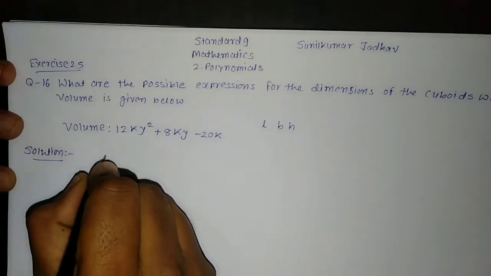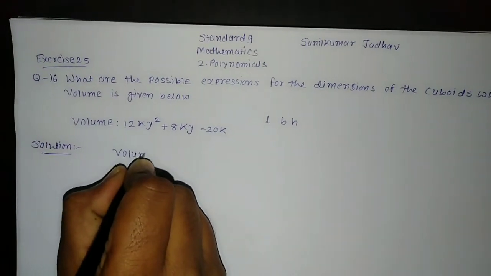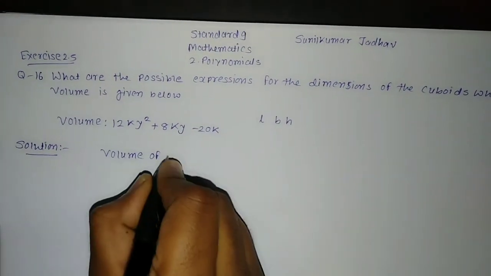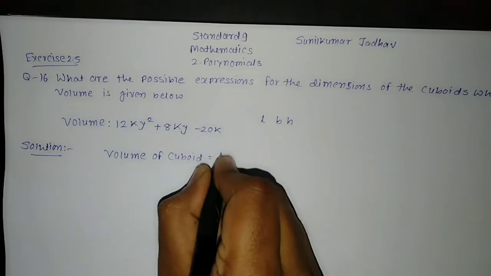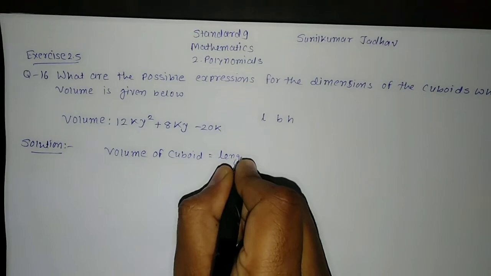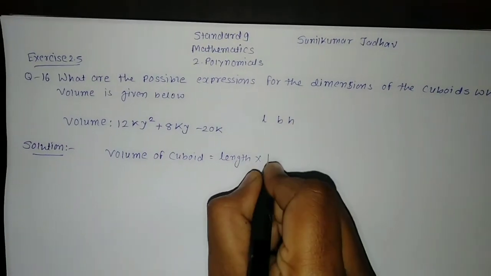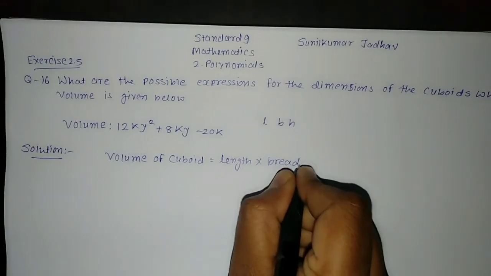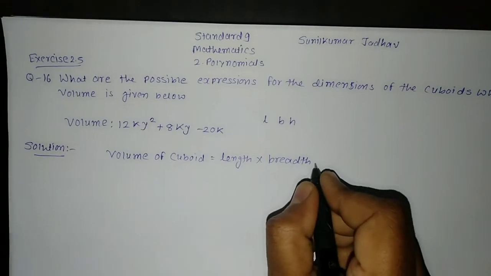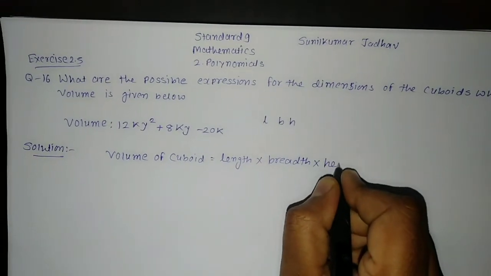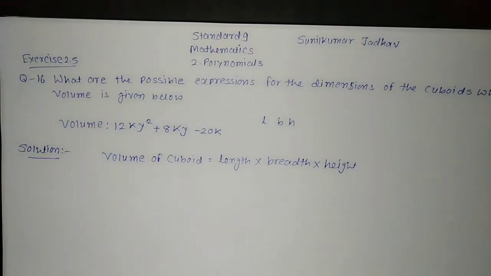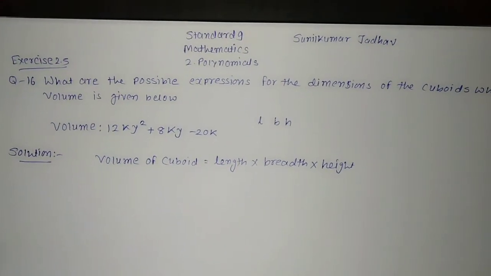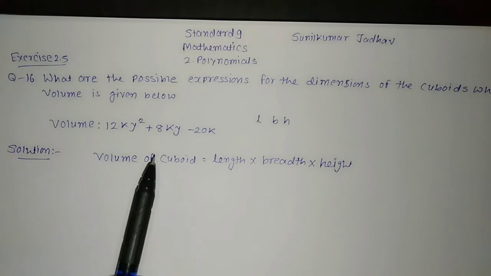As we know, the volume of a cuboid is equal to length into breadth into height. So we will find the factors of this given polynomial.